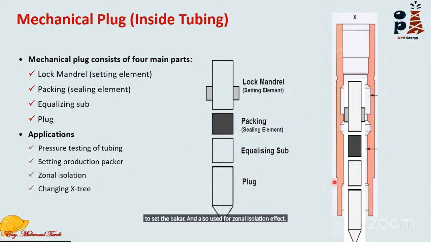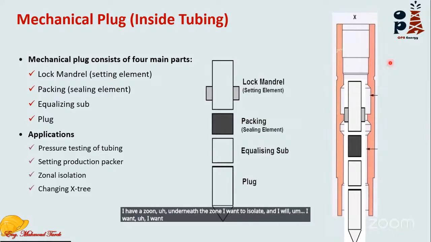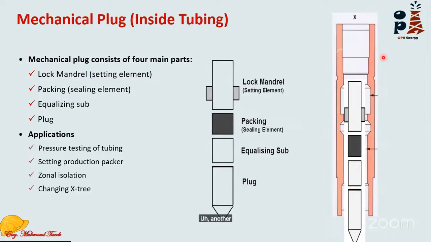If I have a zone underneath the zone I want to isolate, and I want to produce from another production zone, this plug is used for zonal isolation.